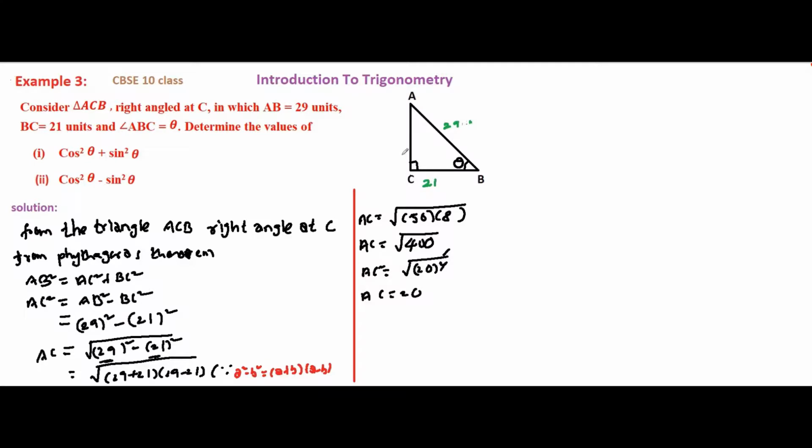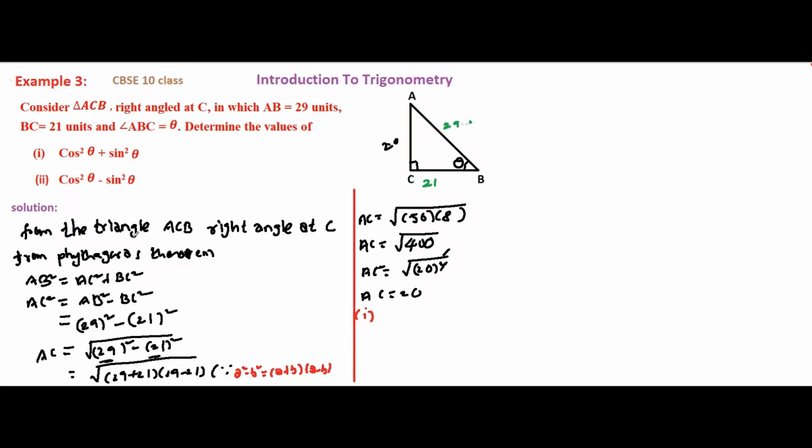So now we got the AC value, 20 units. Now we can write the trigonometric ratios, cos theta and sin theta. What is cos theta here? Cos theta means adjacent by hypotenuse.